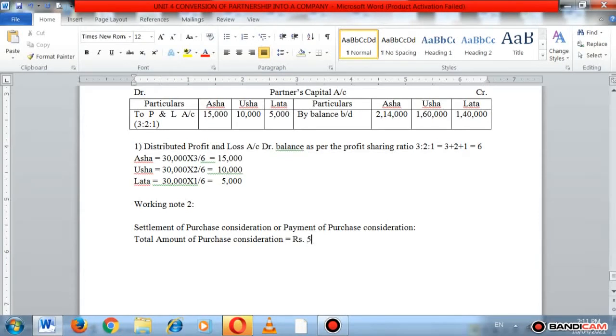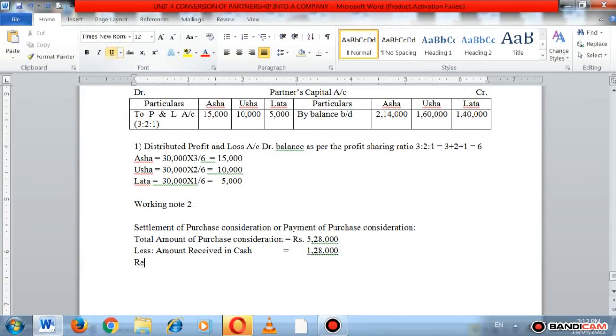rupees 5,28,000, less amount received in cash is equal to 1,28,000. Okay, so deduct 1,28,000 from 5,28,000. Remaining balance is given in the form of shares.